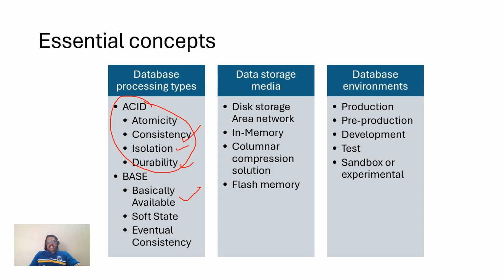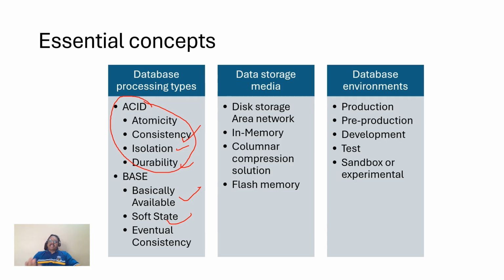Secondly, soft state. What do you mean by soft state? In a soft state, things might change in the system over time. Even if you are not making any update, it is flexible, not set in stone.